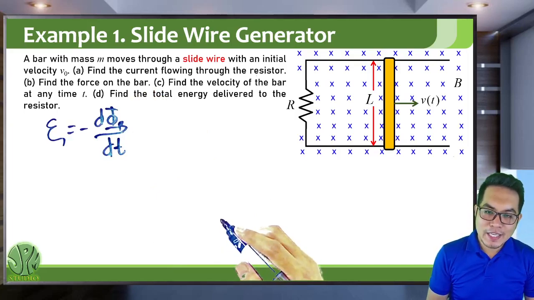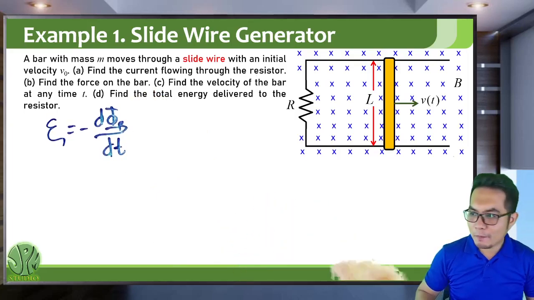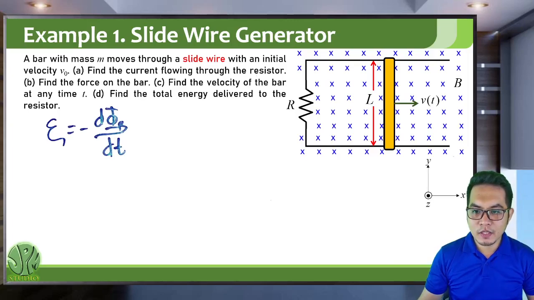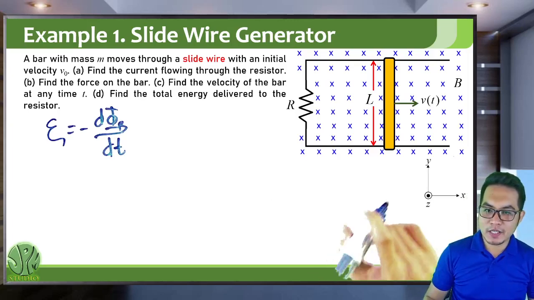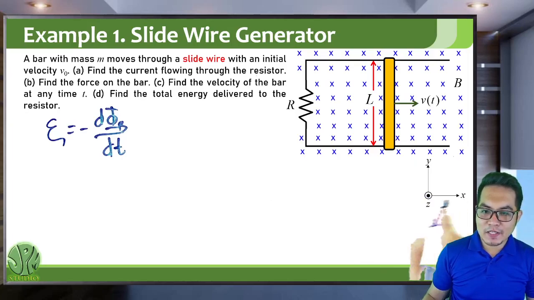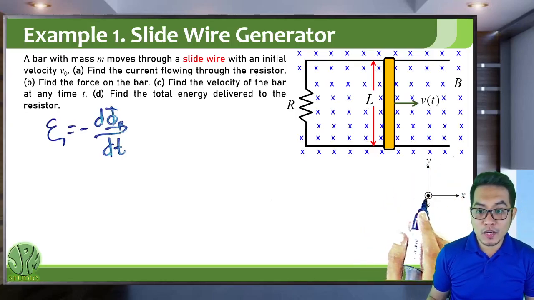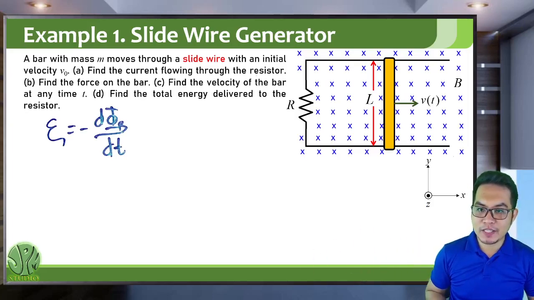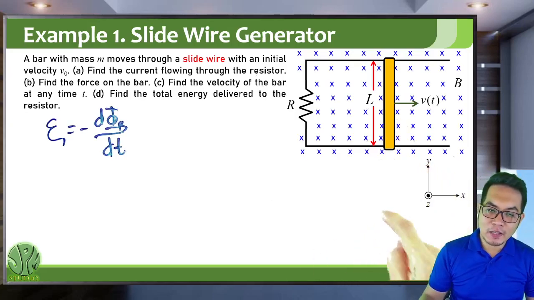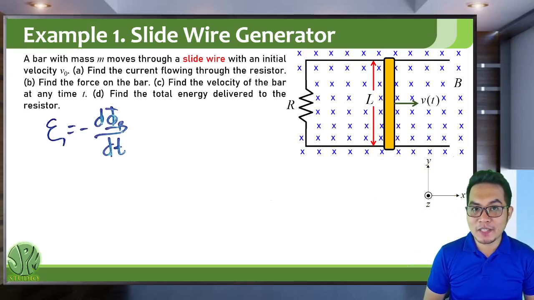Now, in this case, by the way, these are our coordinates. To the right is the positive x-axis, upward is the positive y-axis, out of the page or towards you is the positive z-axis. In this case, our magnetic field is into the page, so its direction is along the negative z-axis.